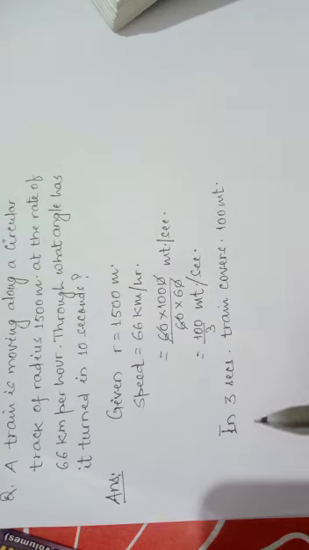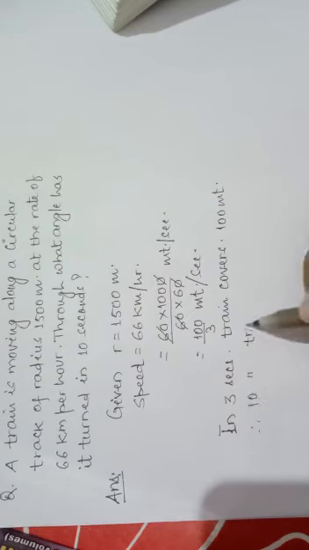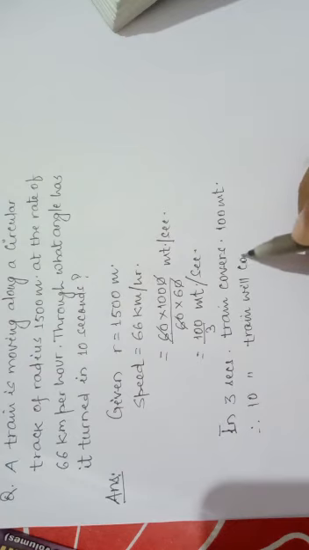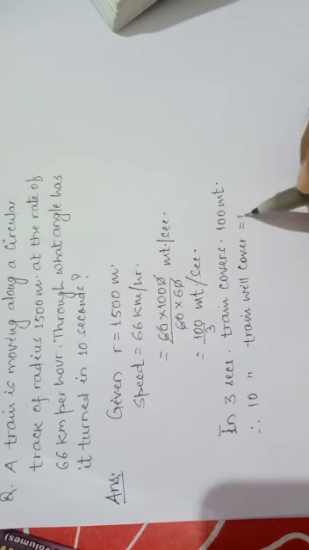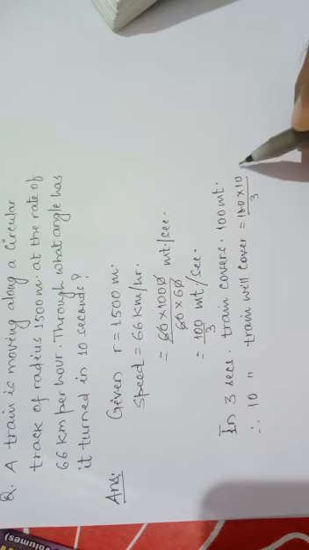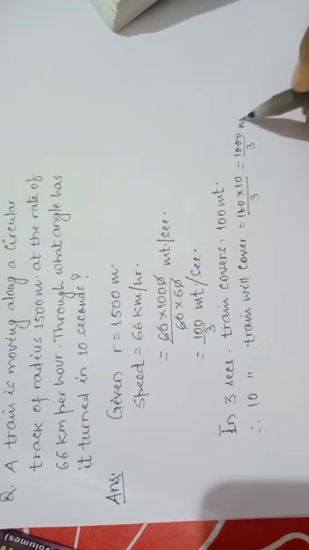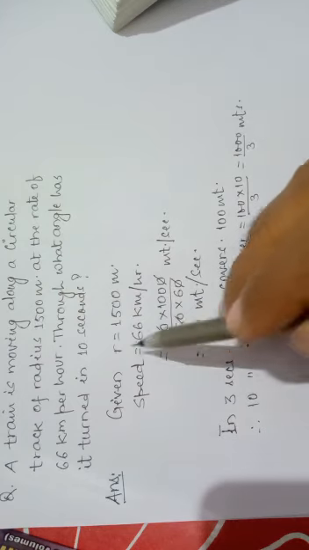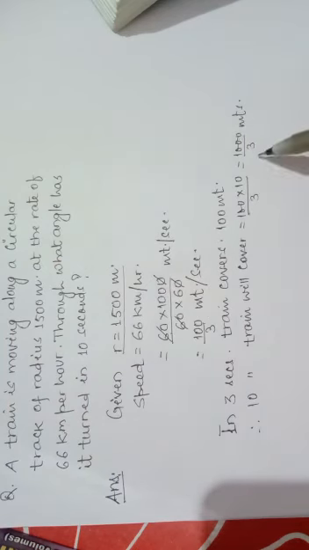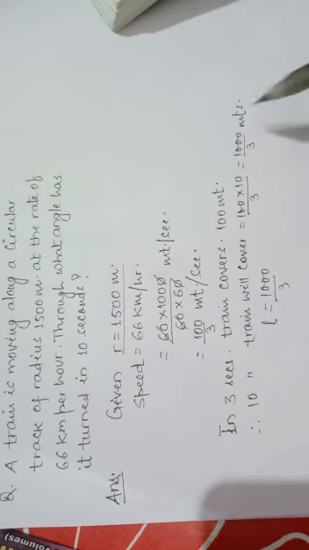So in 10 seconds the train will cover 100 into 10 by 3 meters, that is 1000 by 3 meters. Hence radius is given, and you have calculated L will be 1000 by 3 meters.